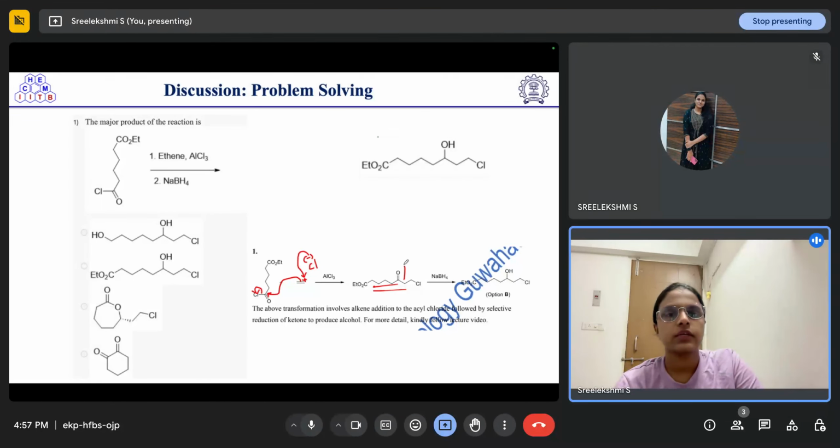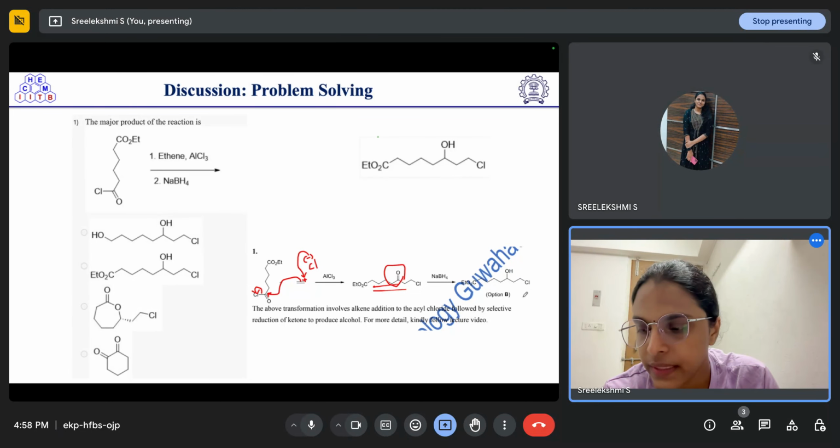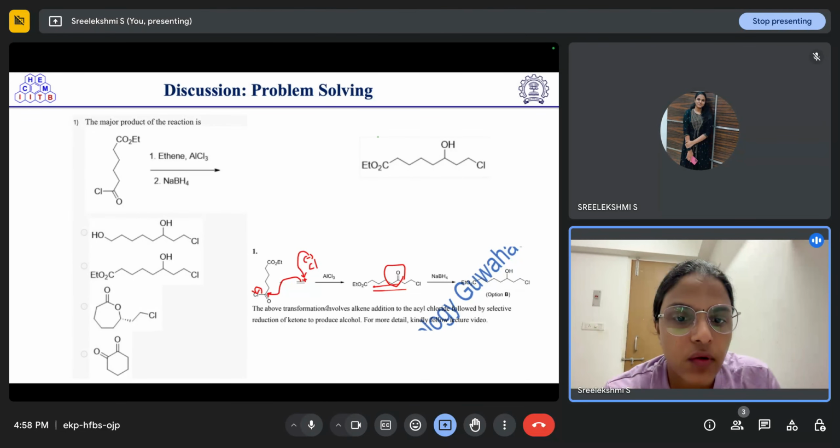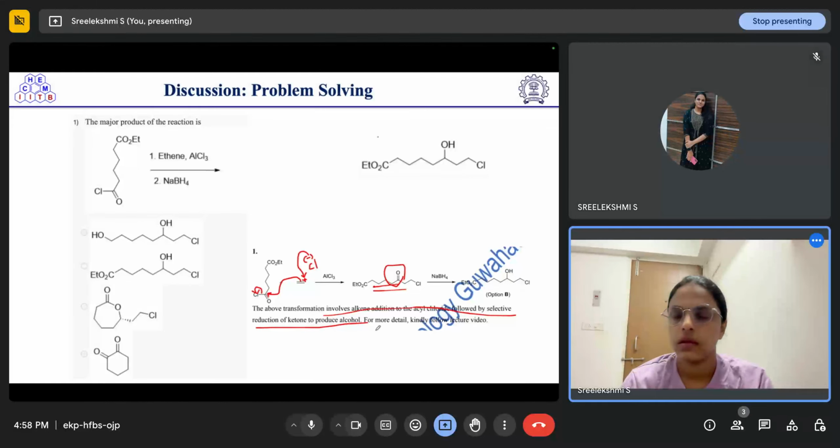Then NaBH4 reduction of the ketone only will give the compound, that is option B. It involves alkene addition to the acyl chloride followed by selective reduction of ketone to produce alcohol.